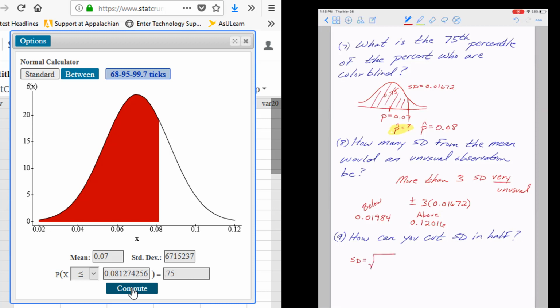Standard deviation was equal to the square root of P times Q times N. So if I wanted to make some change to this number, without lying about the truth, without lying about the actual true probability of colorblind male kindergartners and the true probability of not being a colorblind male kindergartner. So I can't change P and Q. The only thing I have control of in this context right here, or at all with standard deviation, would be sample size.